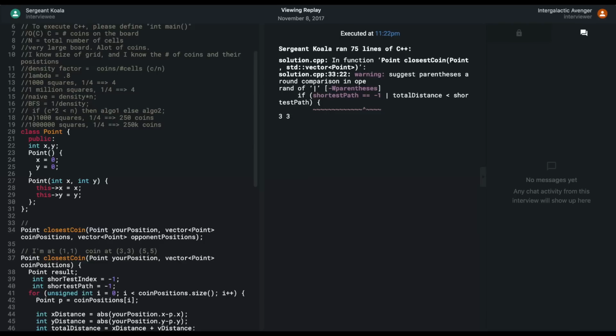But just for sake of discussion, let's say it's a board that's this size at the bottom, and that there's a small handful of opponents also competing with you for the coins.